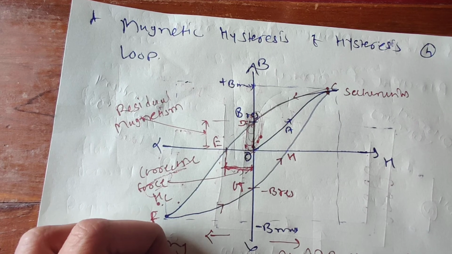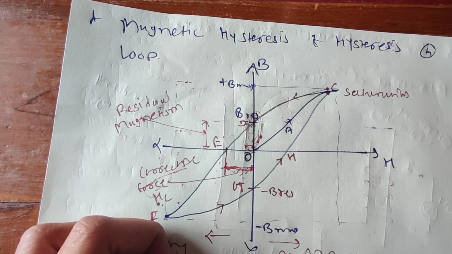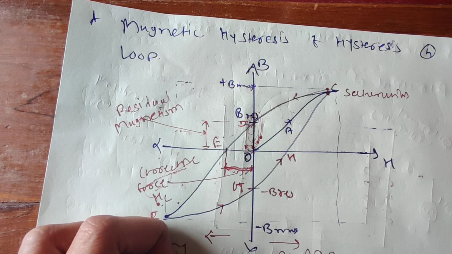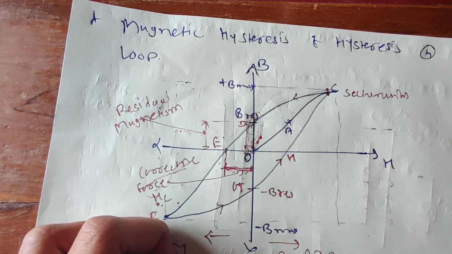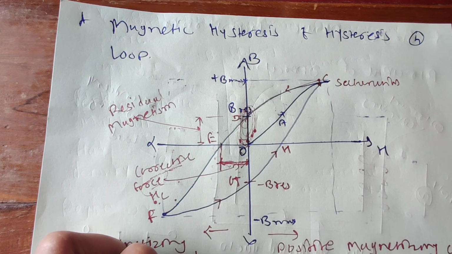The magnitude of the residual magnetism and the coercive force depend on imperfections in the material, such as voids, impurities, and internal strain. The coercive force comes into existence due to these imperfections, because of the energy required to move a domain over an imperfection. So if a material has large internal stress and non-magnetic inclusions, then the coercive force will be very large.